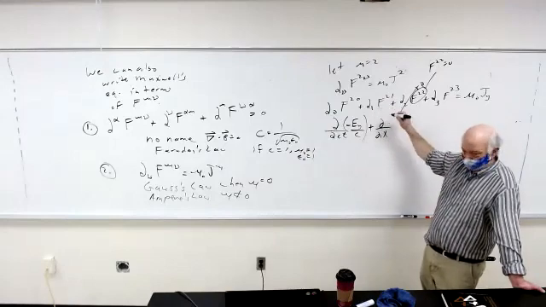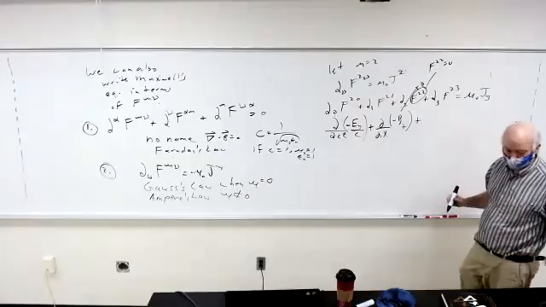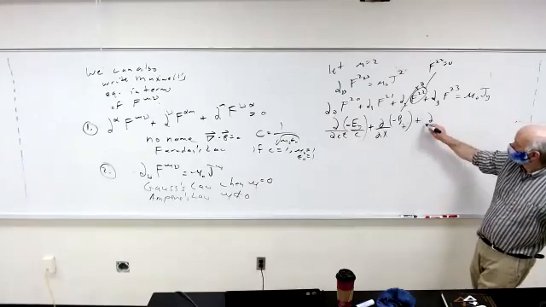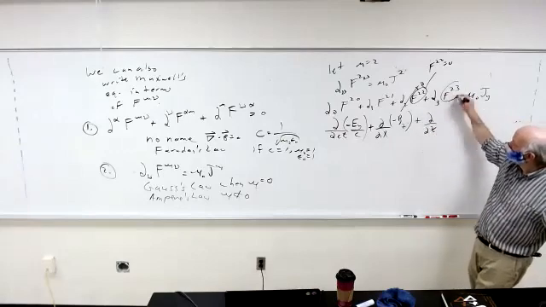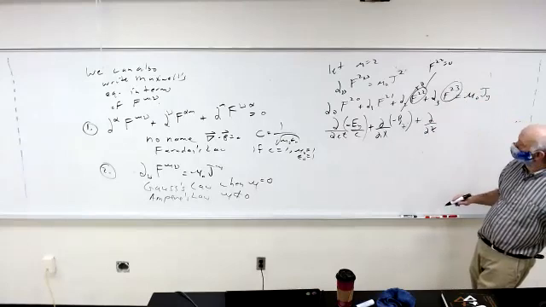So F21 is minus BZ. And this guy is partial with respect to Z. This guy is BX.